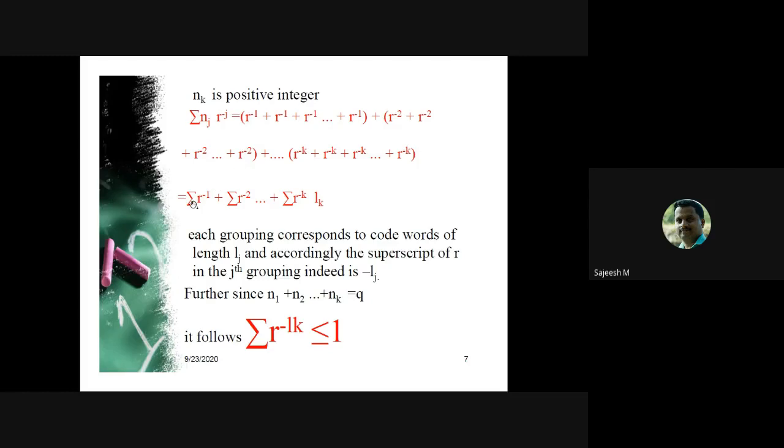So we can write this as sigma i equal to 1 to n1 r raised to minus 1, plus sigma i equal to 1 to n2 r raised to minus 2. The next term will be sigma i equal to 1 to n3 r raised to minus 3, plus etc., sigma i equal to 1 to nk r raised to minus k.